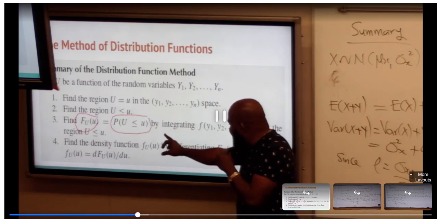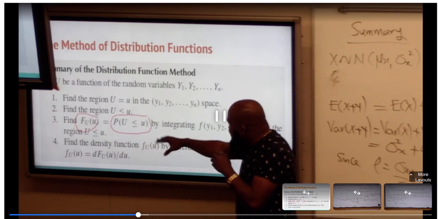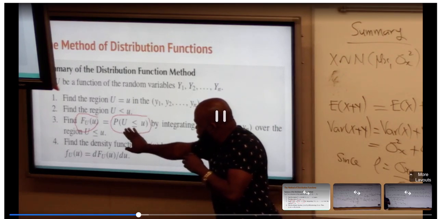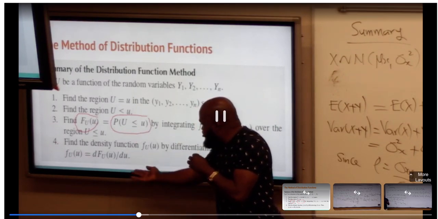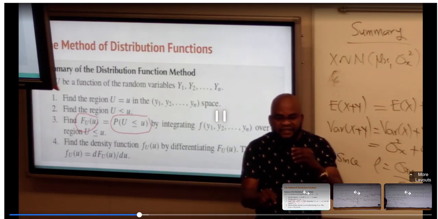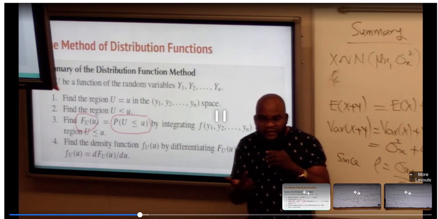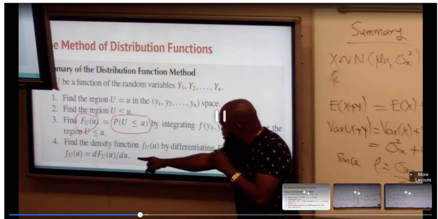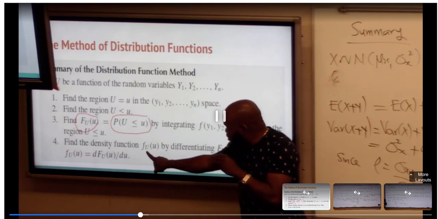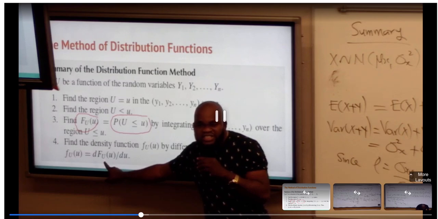That's why I said by integrating this over the region, and after getting my CDF, if I want to get my PDF, I'm just going to differentiate. Now, to get a CDF requires that I integrate, perform an antiderivative, and if I want to get the PDF, which is a lowercase f of u, then I'm going to differentiate the CDF.